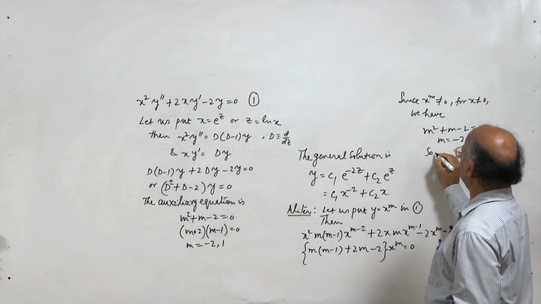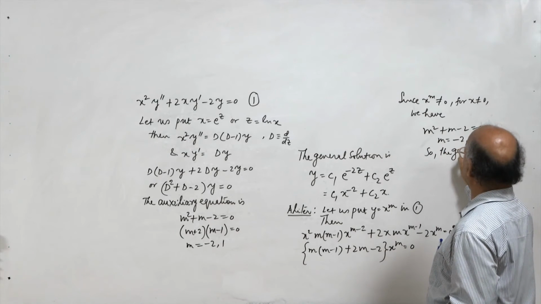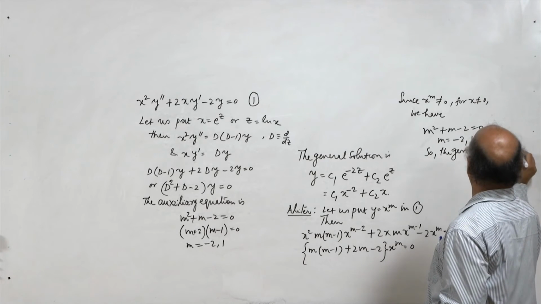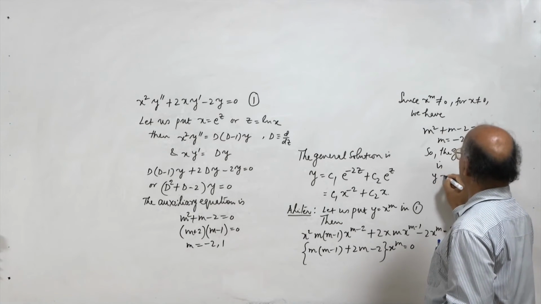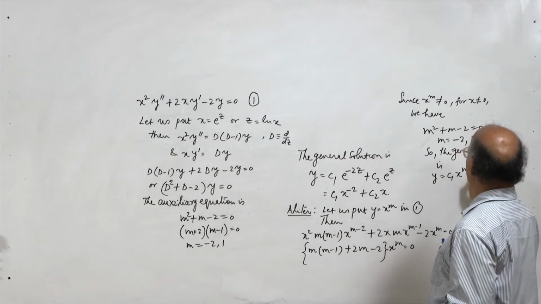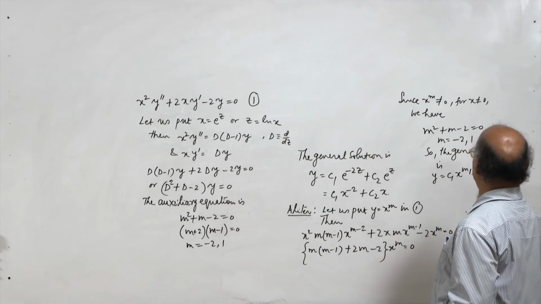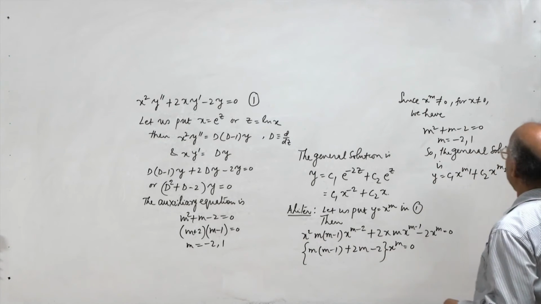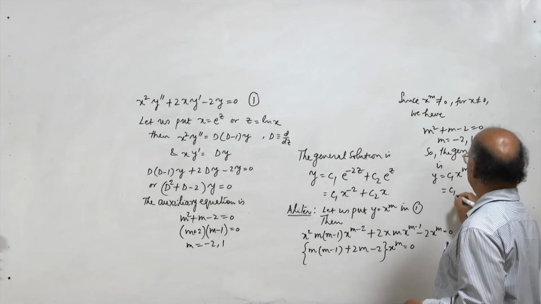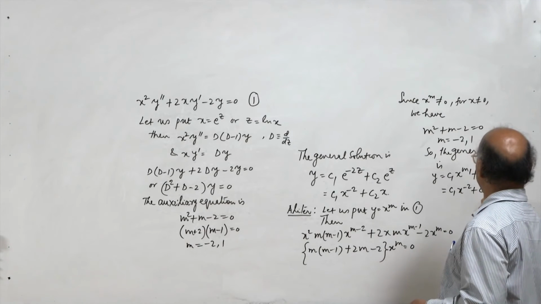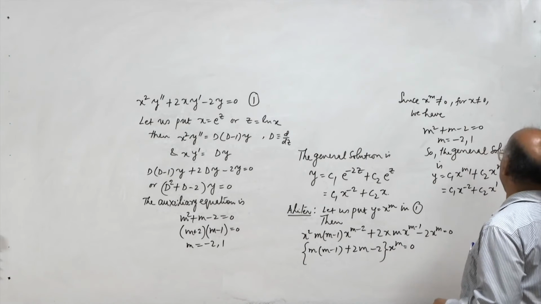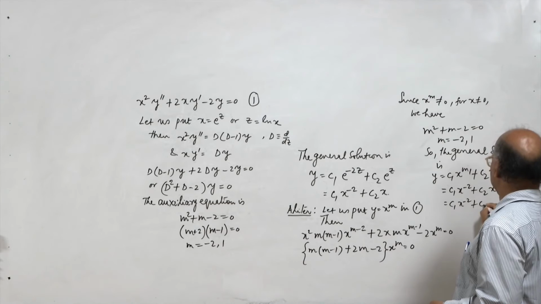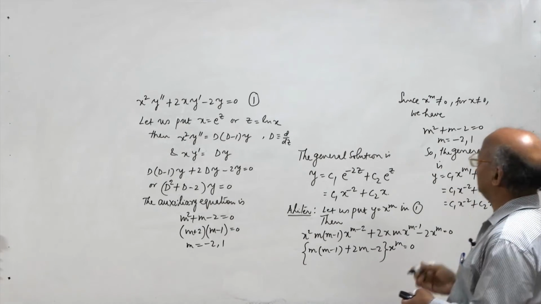So the general solution is y equal to C1 x to the power m1 plus C2 x to the power m2. This is the case of two distinct roots, and m1 is minus 2, m2 is 1. So we get C1 x to the power minus 2 plus C2 x, same as in the previous case.